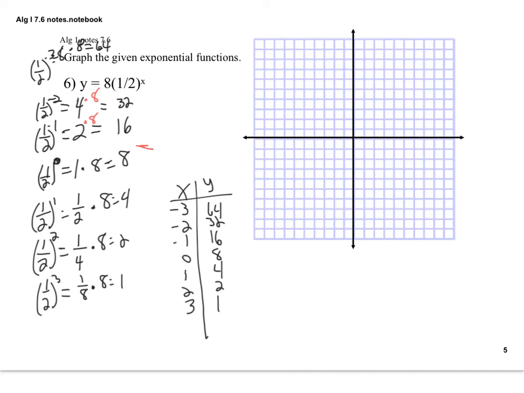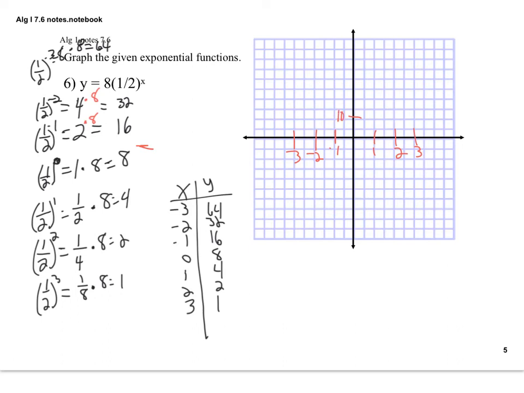So let's go ahead and choose our scale here. I'm going to choose this as -1, -2, and -3 is going to go right there, which means I'm going to have a 1, a 2, and a 3 going this direction. All right, and so for my scale going the other direction, or for my scale going for y, I'm going to go by tens again, just so that I can fit my graph on my page here.